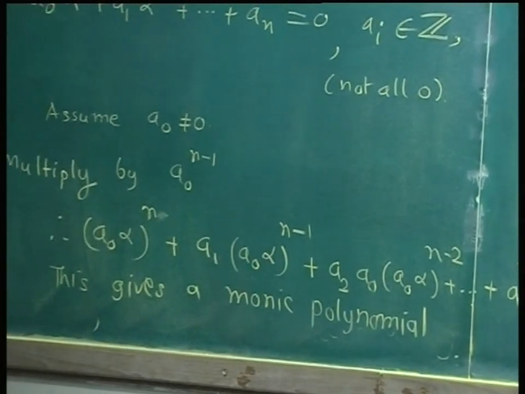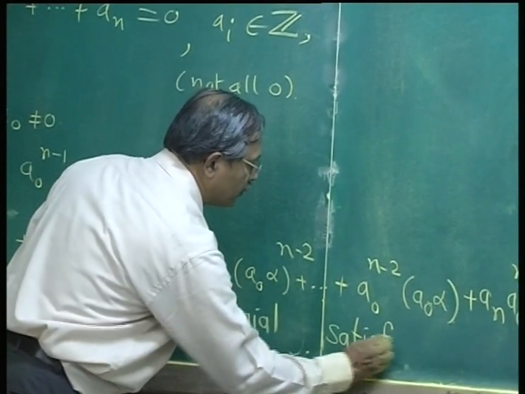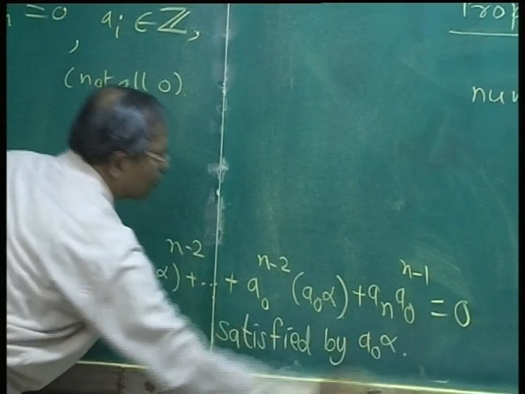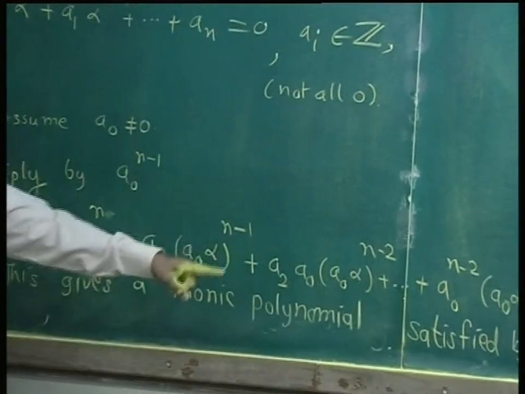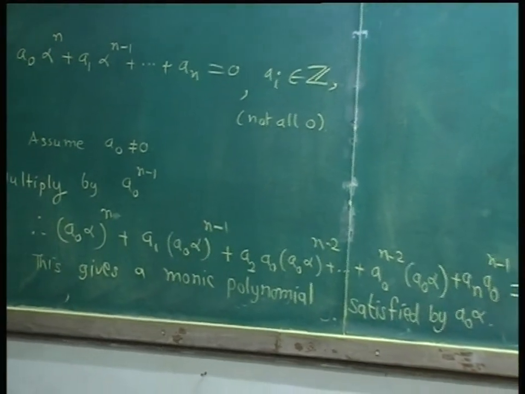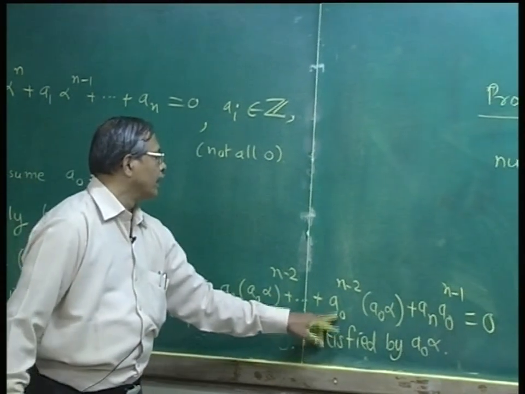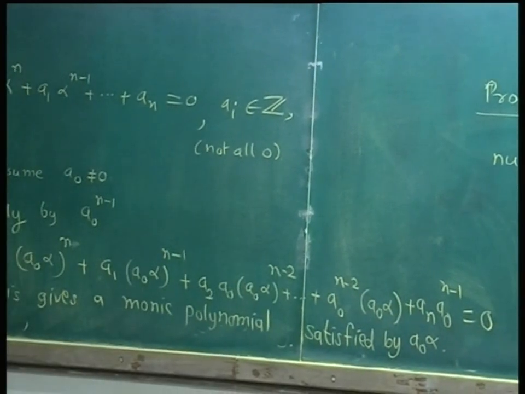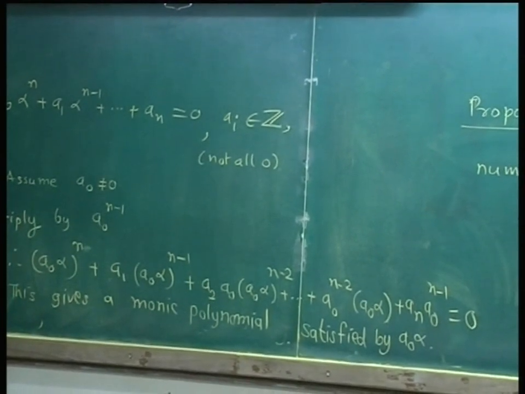The polynomial has integer coefficients a1, a2, and so on, up to a naught raised to n minus 2 and a naught raised to n minus 1. That means a naught alpha is an algebraic integer.